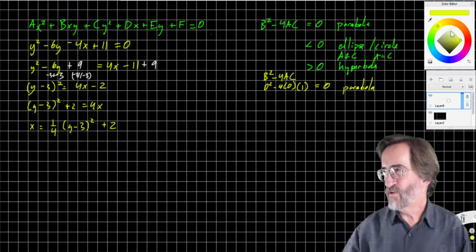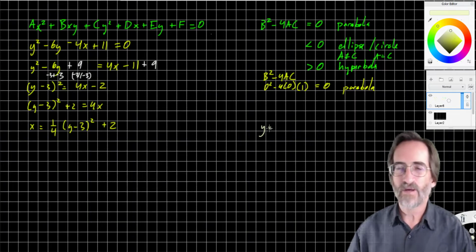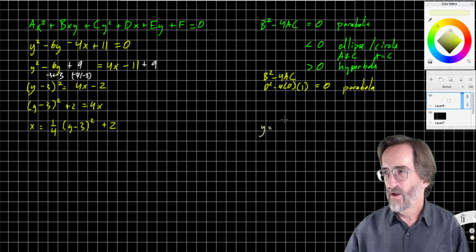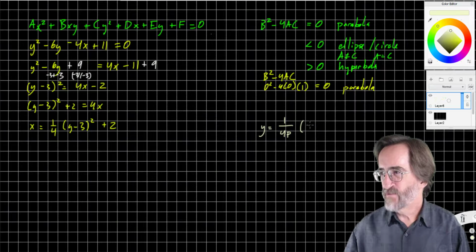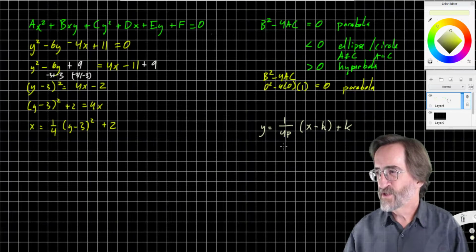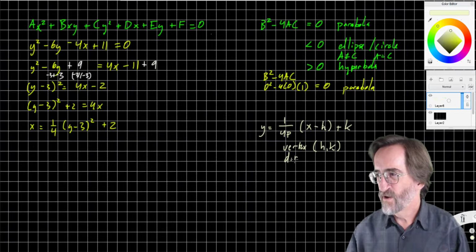Let me give you the general form now. The form for a parabola is y equals, and I'll explain the y equals and the x equals in just a moment, 1 over 4p times x minus h squared plus k. This is a parabola whose vertex is h, k. And we call something the directrix.